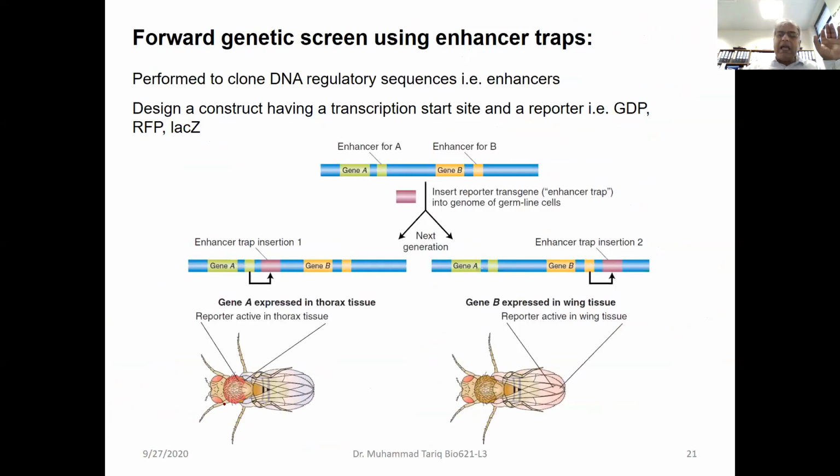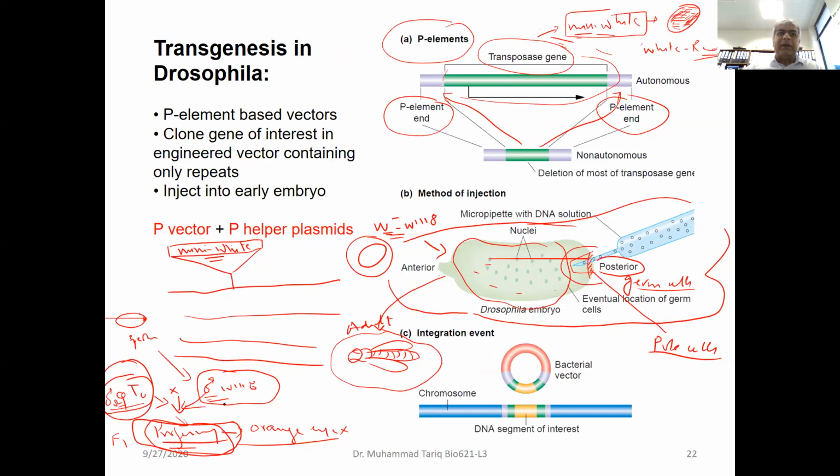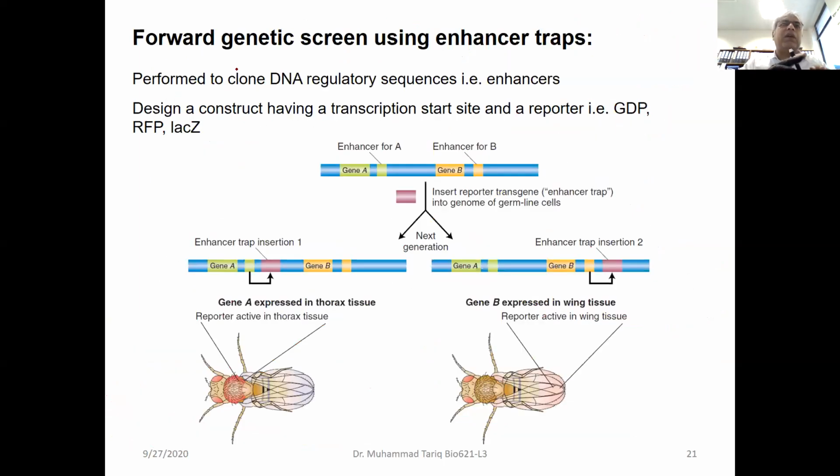Now, why I explained to you in detail the fly transgenesis is because I want you to learn another forward genetic screen, a very successful one in fruit flies, and that was called enhancer trap screens or promoter trap screens.